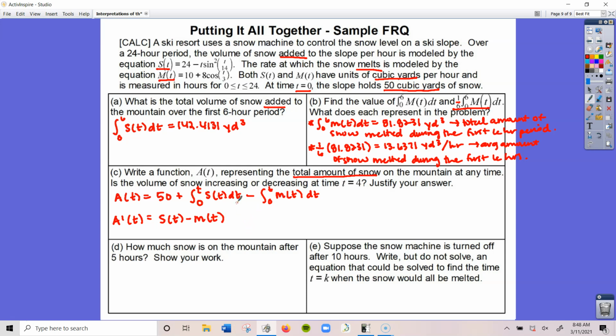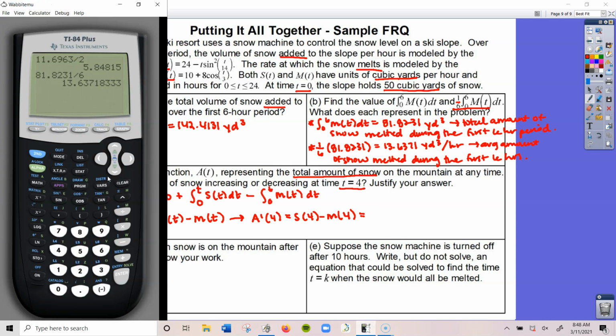So now it's asking me, is it increasing or decreasing at t is equal to 4? So I'm going to plug in 4. A prime of 4 is going to equal s of 4 minus m of 4. I have both of my functions, so I can get these function values. So again, I go to my y equals here.